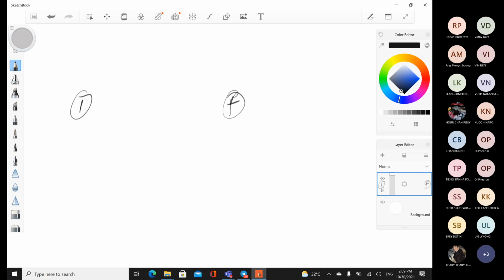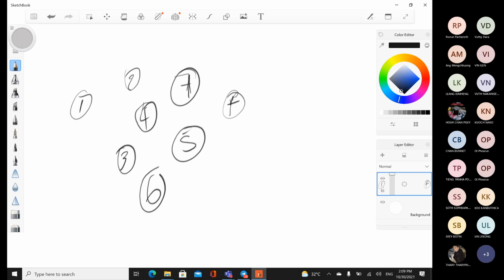So how can ants make a traffic? For example, they have a lot of paths along the road. For example, I put 3, 2, 4, 7, 5, 6. When the first ant goes this way, the other ant goes another way, and another ant goes to the last way.